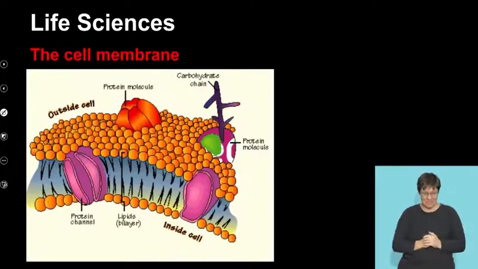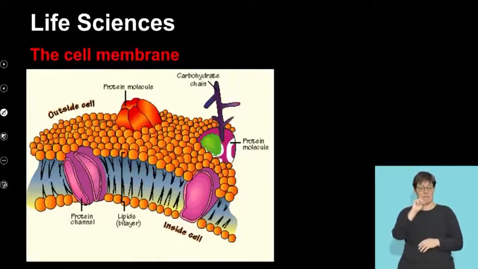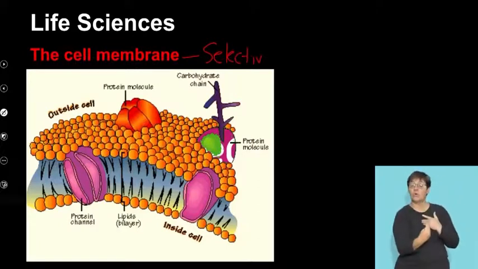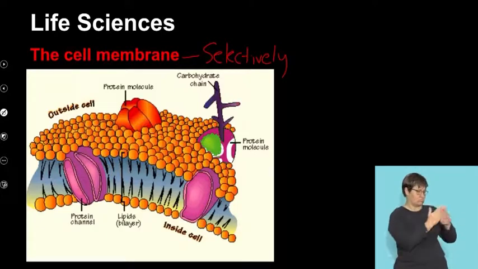Okay, so let's look at this diagram again. This is my cell membrane, and remember, it is selectively permeable. What does that mean? It is going to decide what moves in and what moves out.